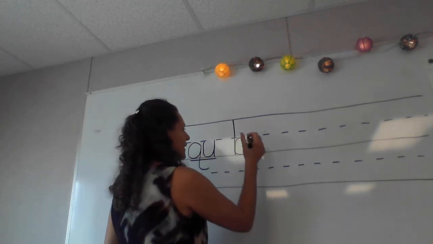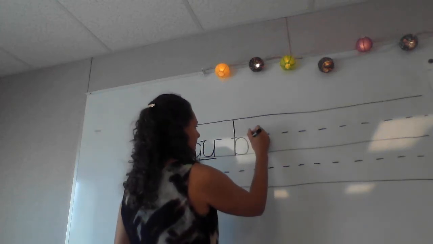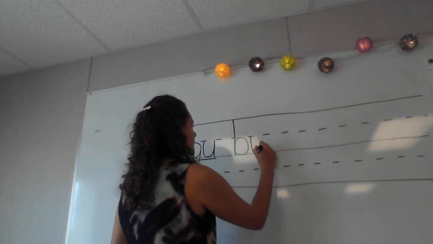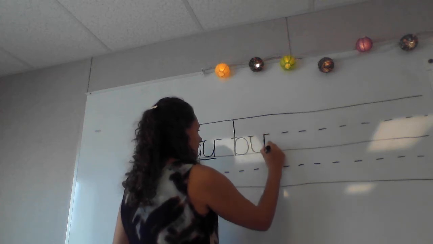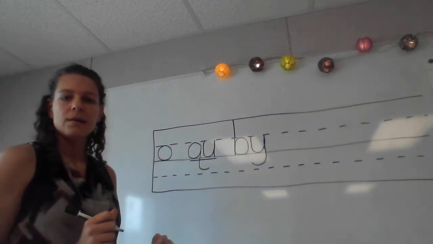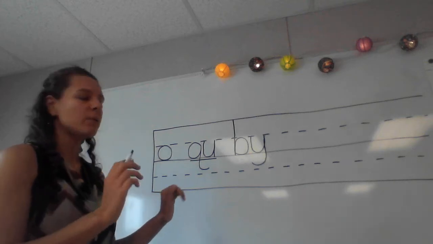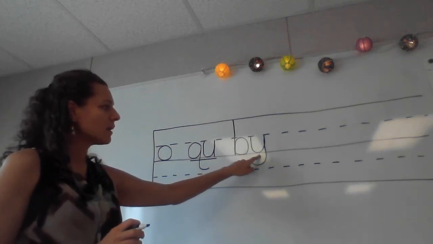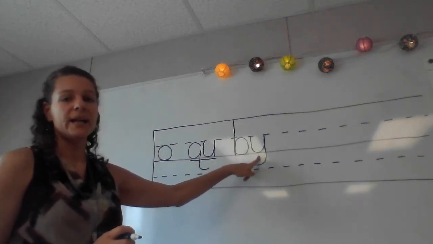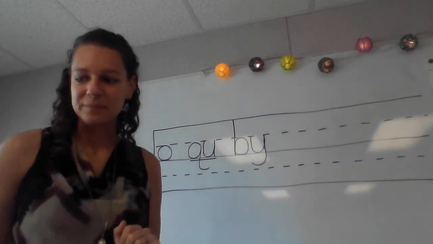Good, ya, it, I, e. That's a short line letter, so it starts at the dotted line. And we make our ya, it, I, e, remember, without lifting our pencil. So if you wrote it a different way and you had to pick up your pencil, I want you to cross that out, rewrite it the way that we write it here so you don't have to pick your pencil up, and say it while you write it.